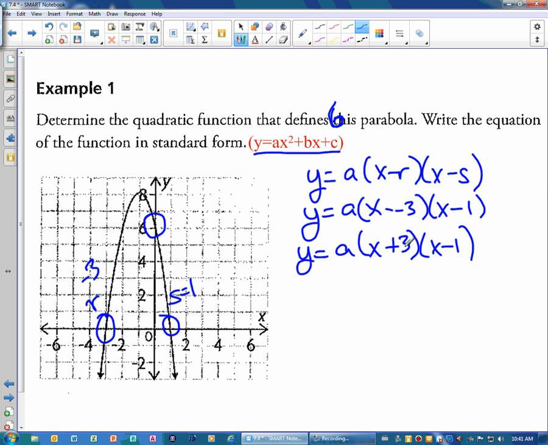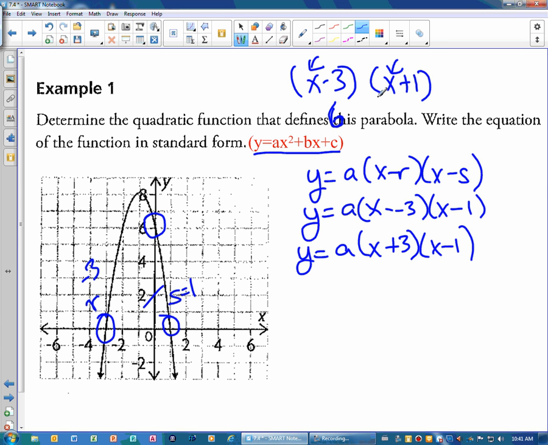So one of the biggest mistakes that kids always make is that because this is a positive 1, they want to write x plus 1. And because this is -3, they want to write x minus 3. But remember, you're thinking, what can I plug into that x that will make the bracket 0? Okay, so if I plug in a -3, it's not going to make it 0.